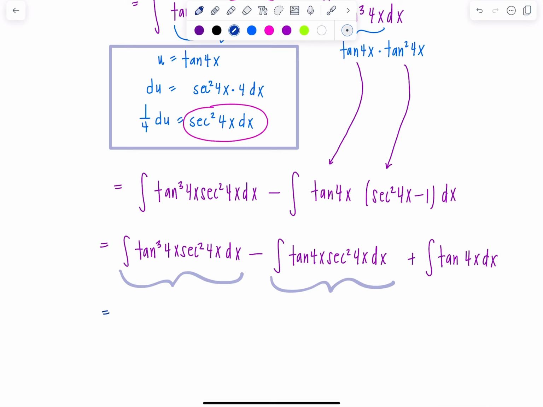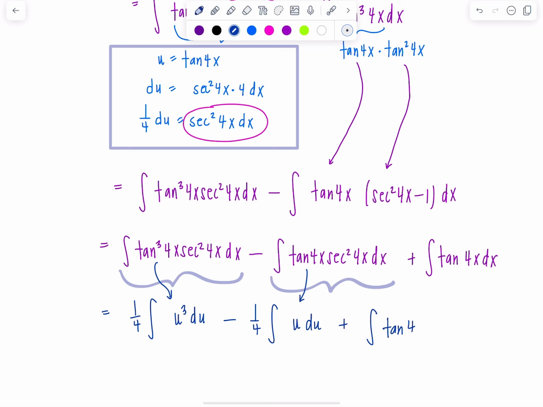So let's see how this is going to work out. Here we have 1/4, u is tan 4x, so this is going to be u cubed du, minus another 1/4 integral, I just have u to the first here, du, plus, and then we have integral tan 4x dx.